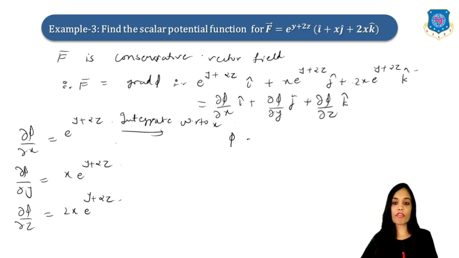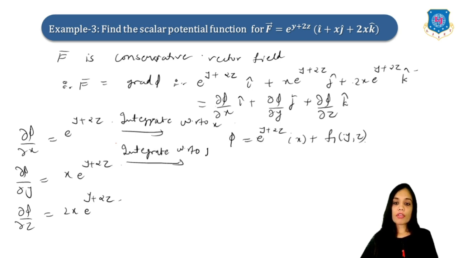So you will get phi as e raised to y plus 2z, which is constant, into x plus f1 of y comma z. Similarly, we integrate with respect to y. So your phi will be, this x is constant, and the integration of this will be e raised to y plus 2z plus f2 of x comma z.